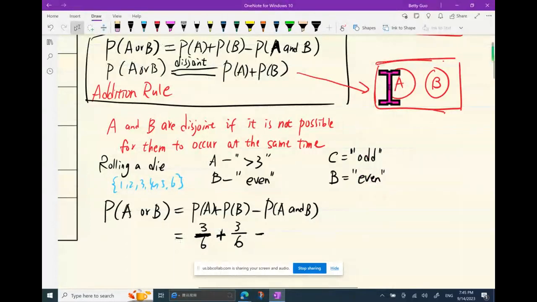Let's think about how we describe the result A and B. We roll a die, and the result is we got an even number and bigger than 3. Since it's still the same classical model, the denominator is still 6. What matters is the numerator. We roll a die and we got a number. The number is even and bigger than 3. What do you think?